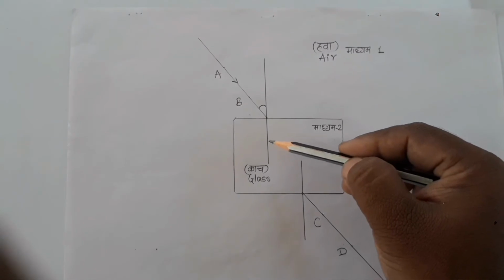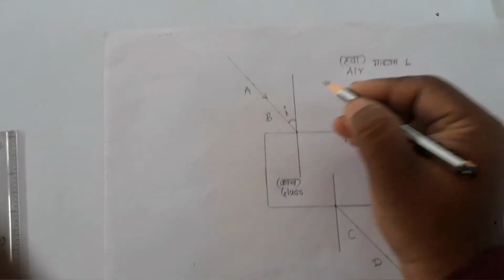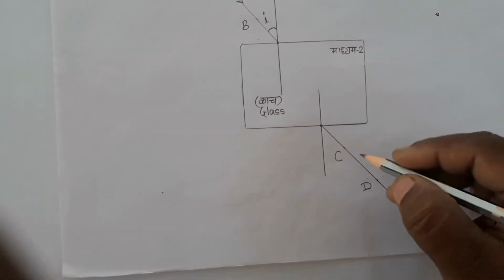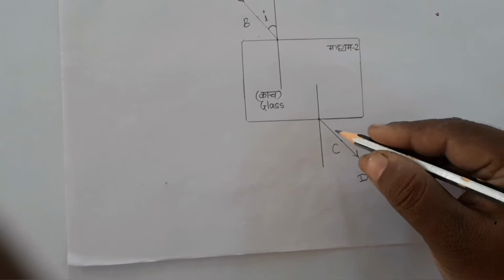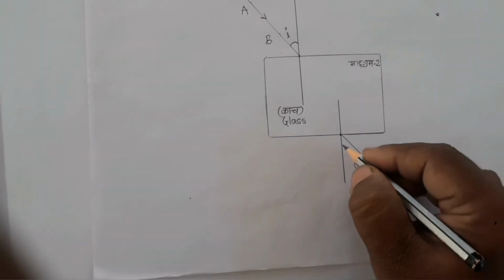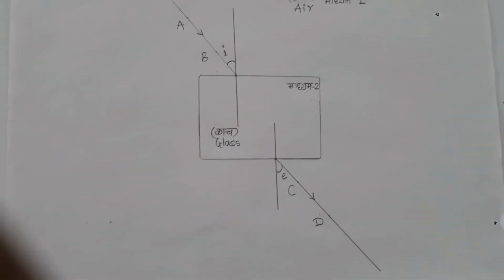That angle is called the angle of incidence. Ray CD is coming out from the glass slab, so it is called the emergent ray. And the angle made by the emergent ray with the normal is called the angle of emergence.